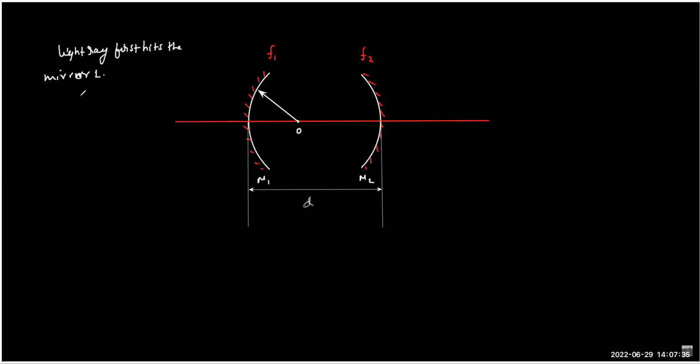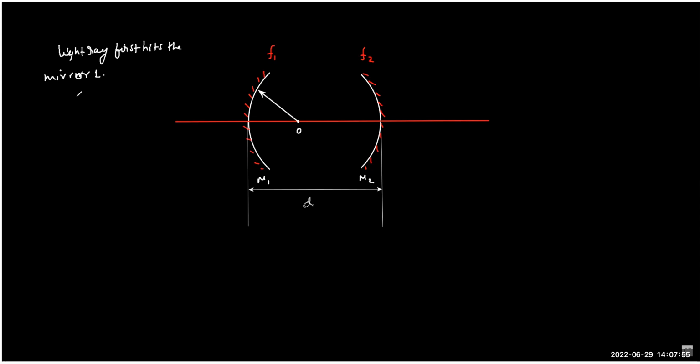If the light ray hits mirror one first, which is what we are assuming, then the first image will be formed by mirror one. This first image will act as the object for mirror two.